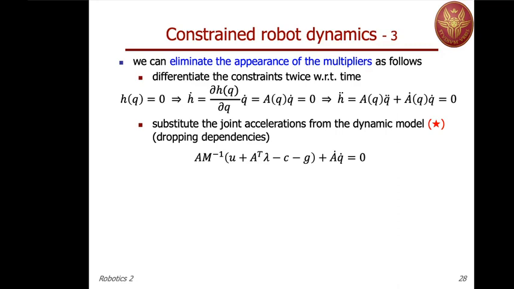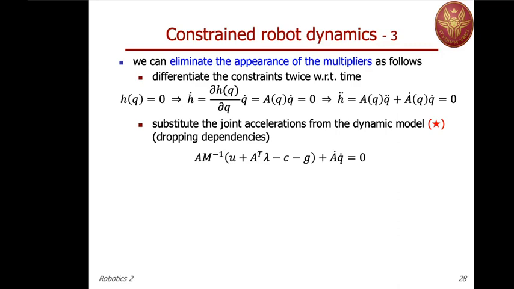So we have M to the minus 1 multiplying u plus A transpose lambda on the right hand side of the model, and we have brought also the other terms, the non-inertial terms, on the right hand side, so we have minus c and minus g. Indeed, here we drop any dependence for compactness, and then we have the second term plus A dot times q dot equal to 0.